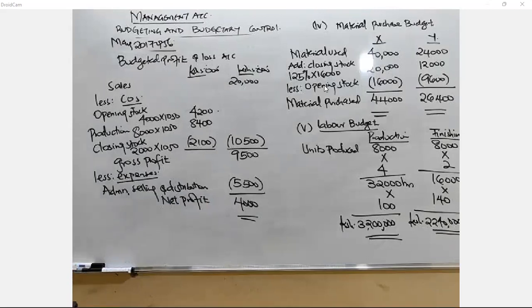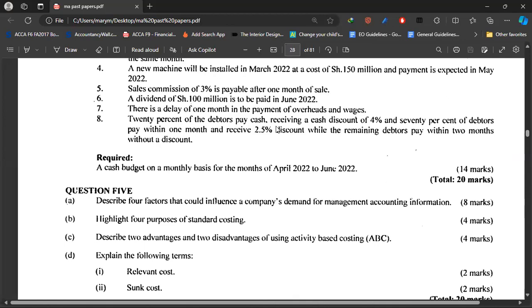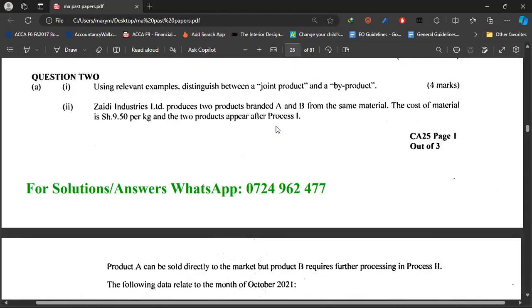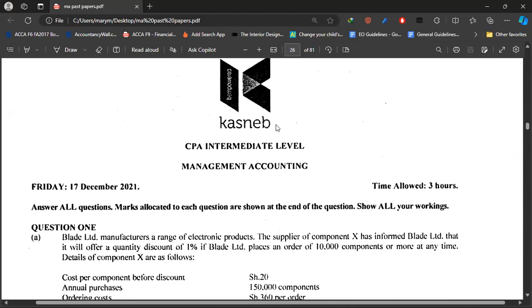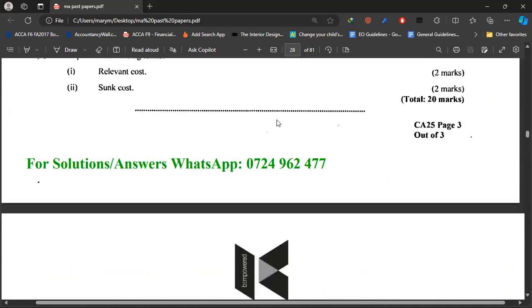Tested on question 4B, September 2021. Let's look at another illustration.